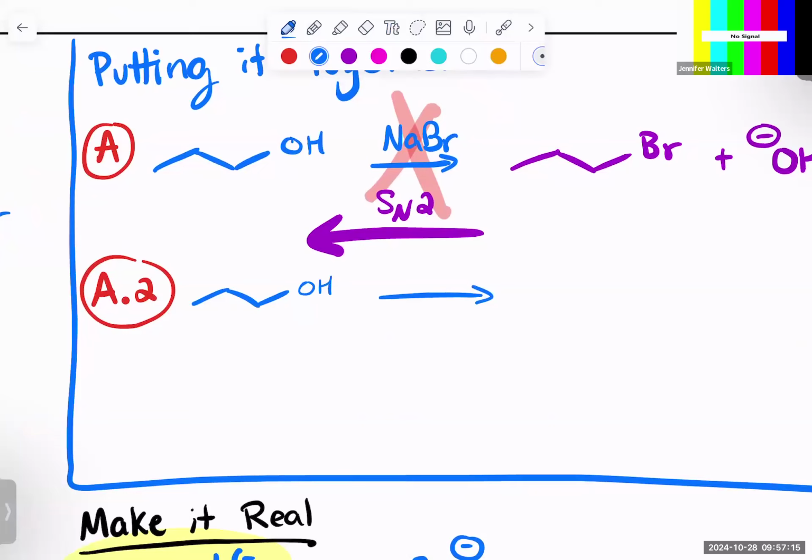How about our sulfonates, using tosyl chloride, triflyl chloride? That would let you do your SN2. That would work, but it's 2 steps. That's turning your alcohol into a good leaving group first.